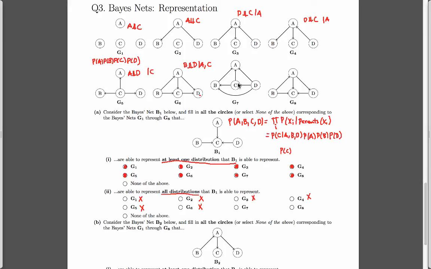Next, let's look at G7. So this graph, it's hard to tell if it makes any conditional independency assumptions just by looking at it. However, what we can do is write out the distribution by this equation right here.